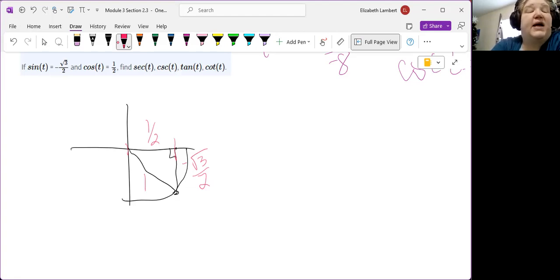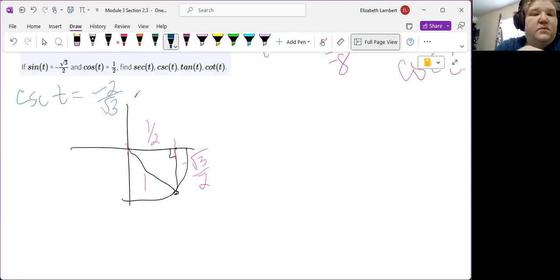All right, so we have sine, so we may as well fill out cosecant of t is -2 over the square root of 3. Because that's our reciprocal. And then we multiply by the square root of 3 over the square root of 3.